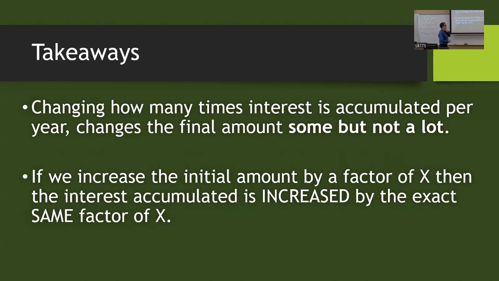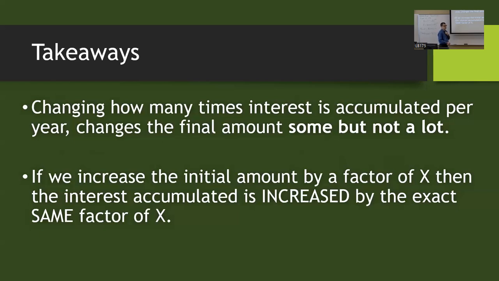On the other hand, if you increase the initial amount, if you increase the principal by a factor of whatever X, so if that X is a factor of 10, or a factor of 2, or a factor of 5, let's just say factor of 10 right now. If you increase by a factor of 10, then the interest will also increase by a factor of 10.